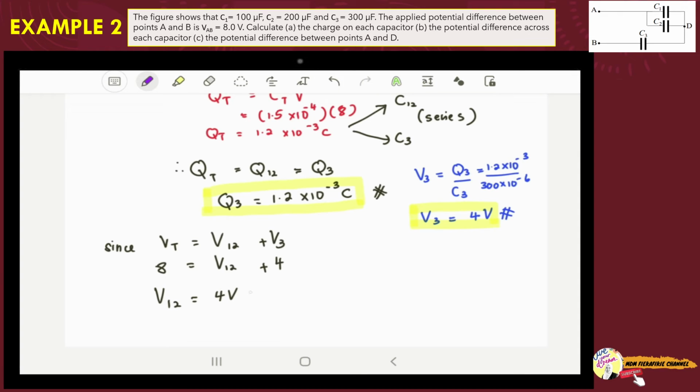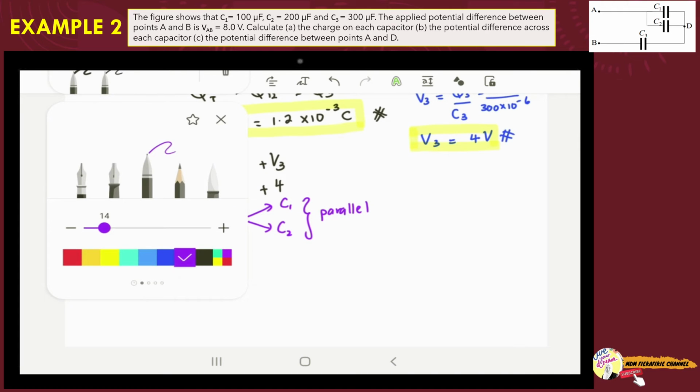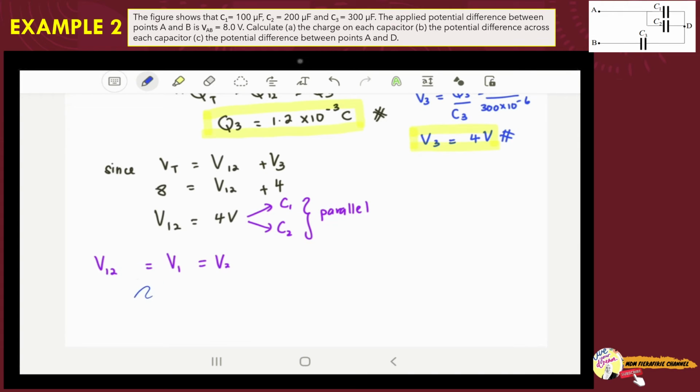So we have C1 and C2 and they are parallel. Okay, so since they are parallel, V12 is equal to V1 is equal to V2. So we can get the answer directly. Therefore V1 is equal to 4 volt and V2 is also equal to 4 volt. So this is the other answer for voltage across V1 and V2.